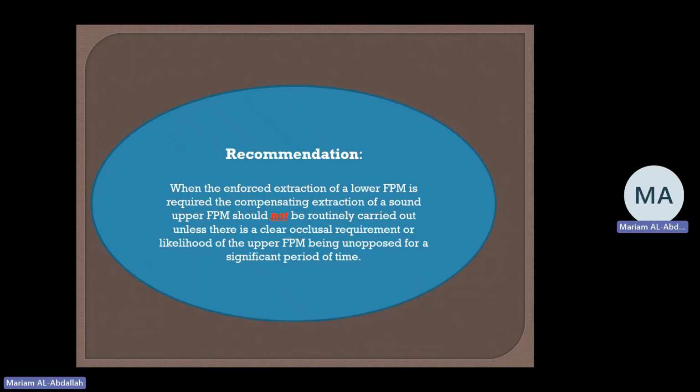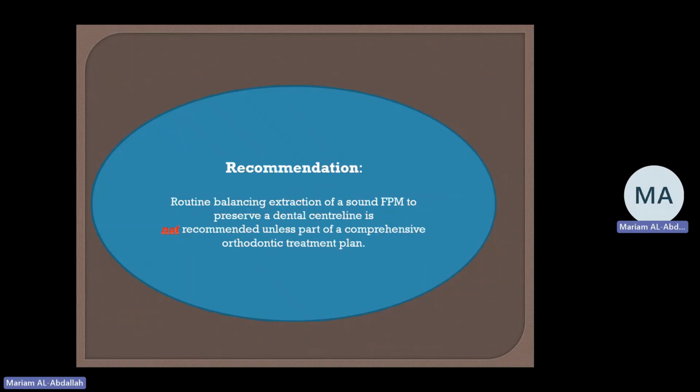Unless there are clear occlusal requirements or likelihood of the upper first permanent molar to stay there unopposed for a long time. Okay, so these are recommendations based on scientific evidence in the new guidelines. Routine balancing extraction of a sound first permanent molar, that means a molar that has no caries, no hypoplasia, of good prognosis, okay, to preserve the central line is not recommended unless part of the comprehensive orthodontic treatment plan requires such extraction.